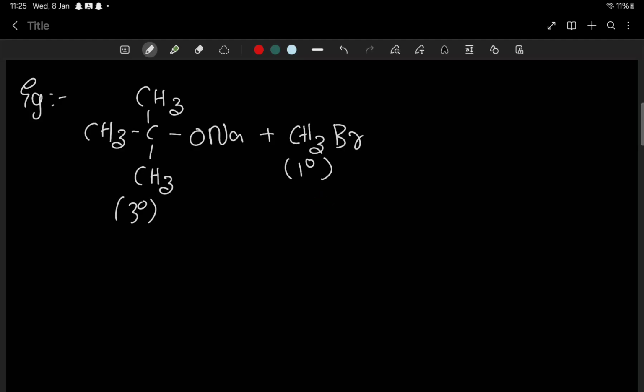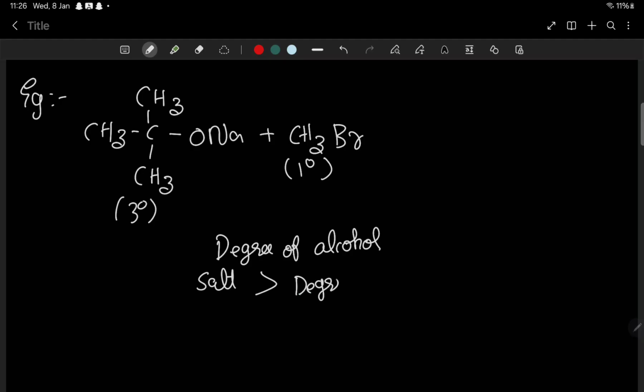Always, the degree of the alcohol salt should be greater than the degree of the haloalkane for Williamson synthesis.